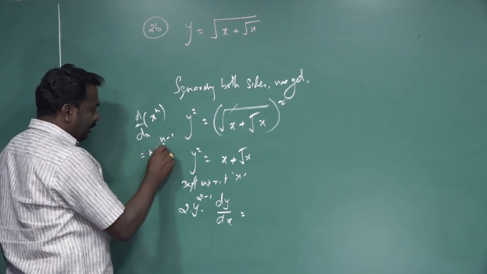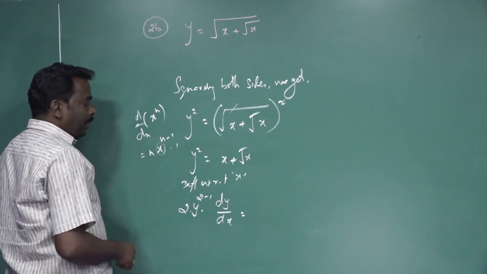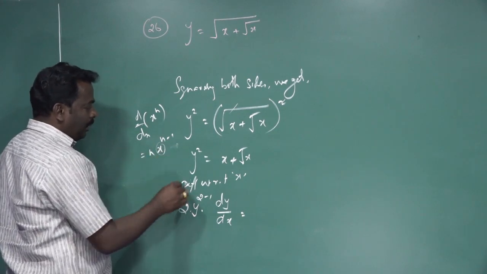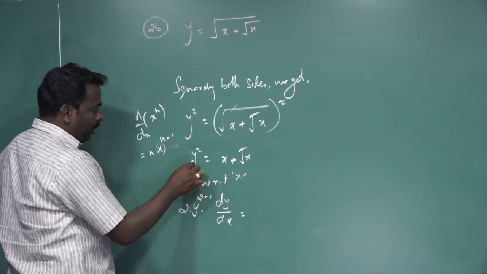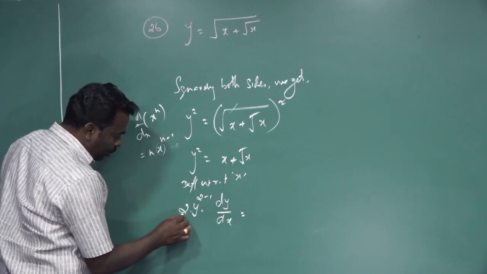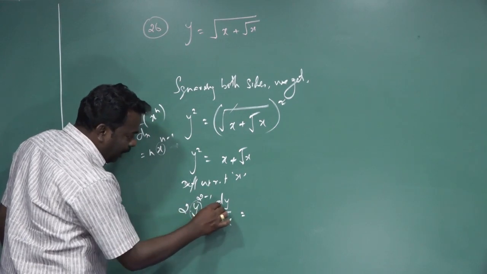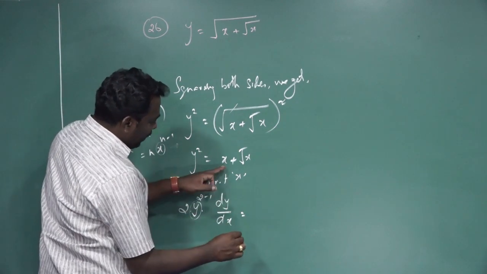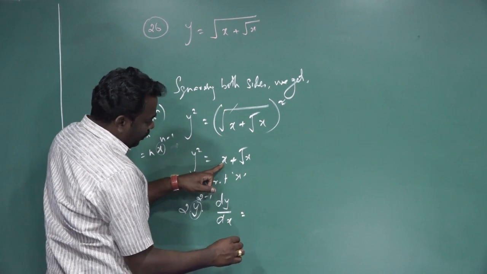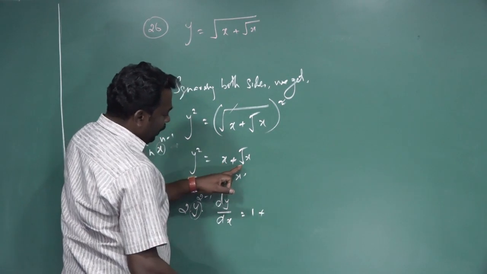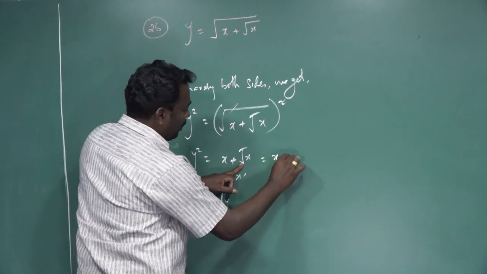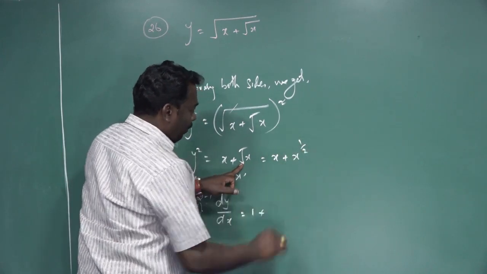So again differentiate this x with respect to x, it is 1, no need to write this 1. But here y square, so differentiation of y square equals 2 into y power 2 minus 1, again you differentiate y, dy by dx. Now come to the right hand side: differentiation of x becomes 1 plus root x, we can write x plus x power 1 by 2.